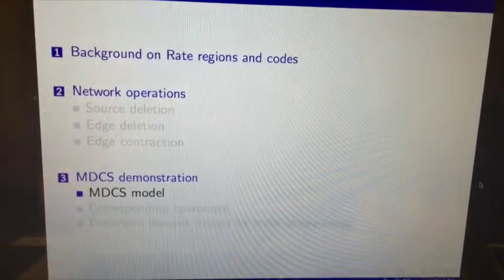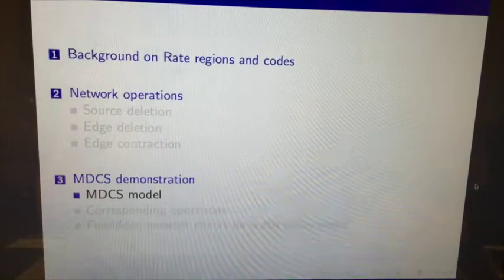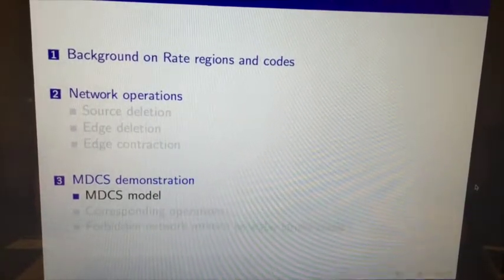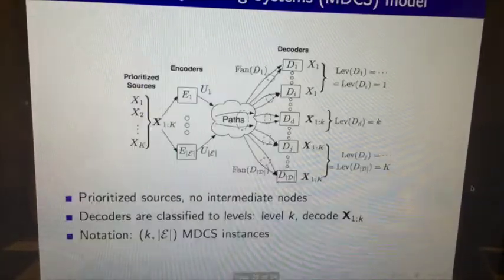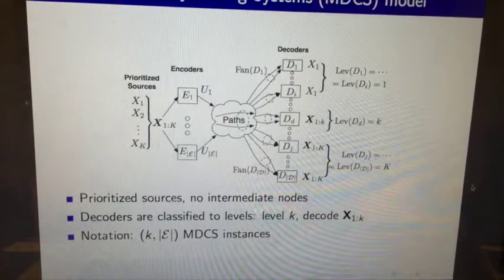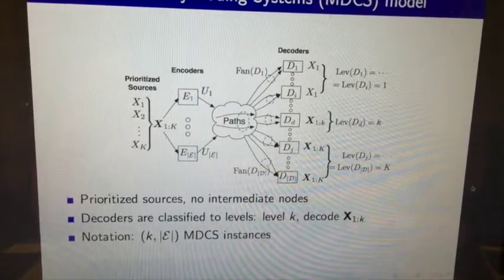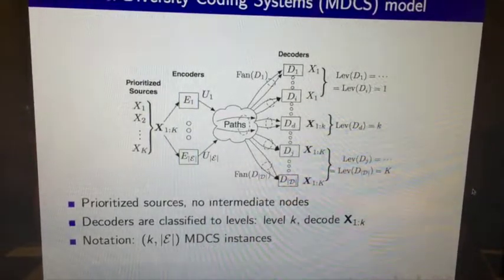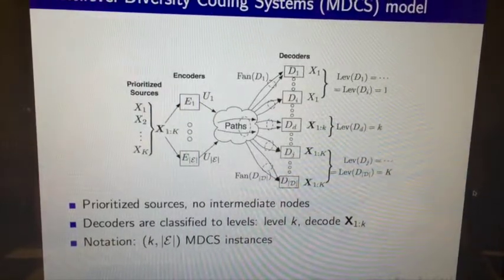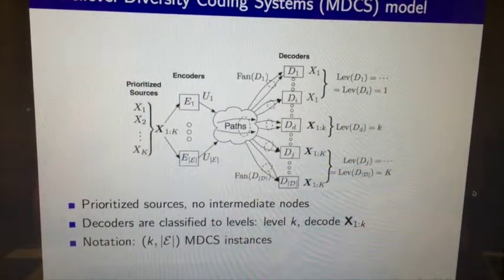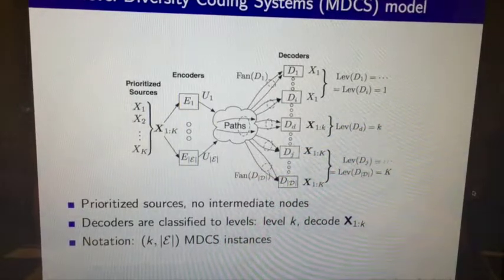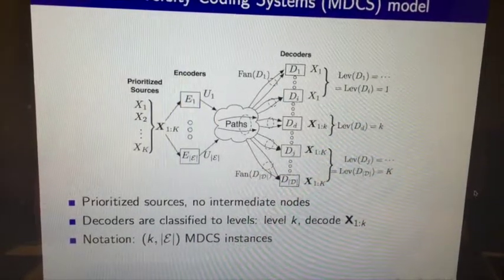Next I will use multi-level diversity coding systems to demonstrate these operations and the results. So MDCS is a special class of multi-terminal networks. The sources are prioritized, which means a source has high priority at the decoders in the decoding process.